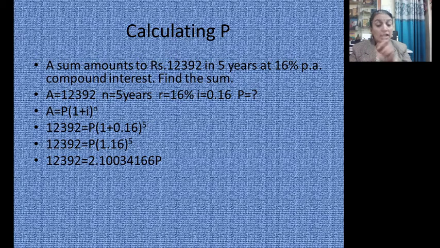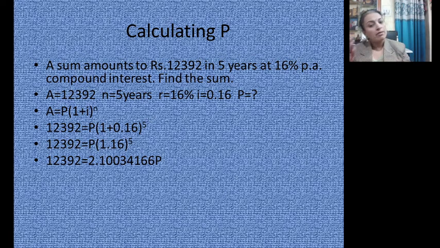Then press the equal sign 4 times. Then again press into, and you will get the answer, that is 2.10034166.